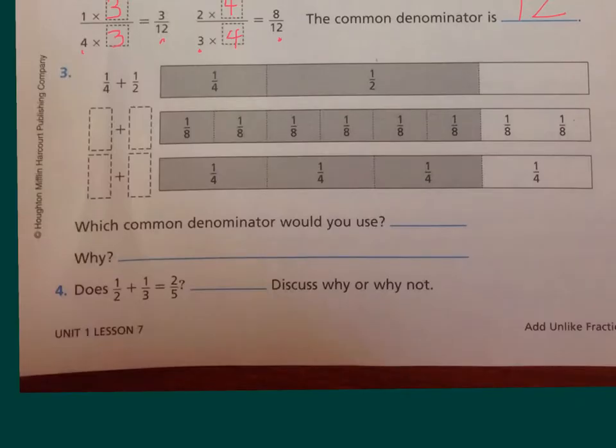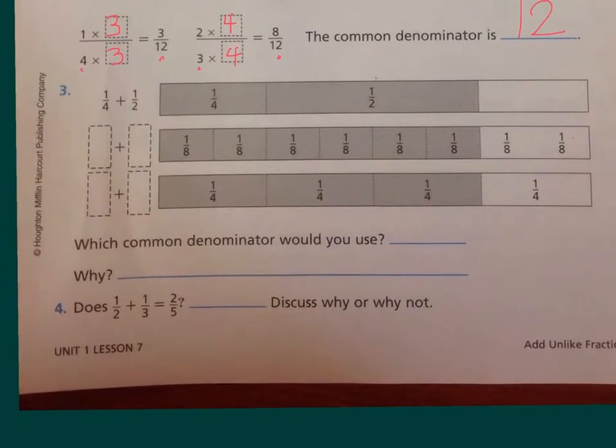Okay, now I'm going to throw you a curveball. I have 1/4 plus 1/2. Are you seeing this? Yes. There's a lot of common multiples that 4 and 2 have, 8 being one of them, and 4ths being the other one.